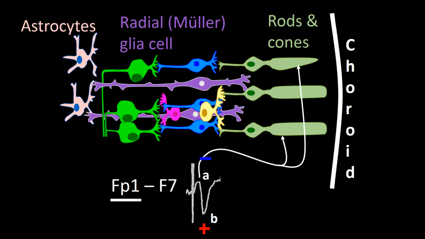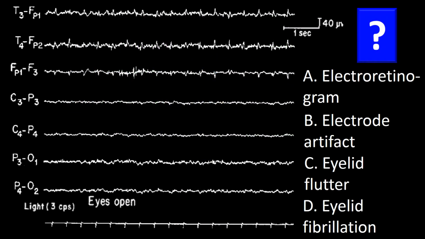The negative discharge is the consequence of the electrical reactions at the level of the rods and cones. The positive discharge that occurs afterwards is the result of a reaction at the level of the astrocytes. So the answer to this question is A.